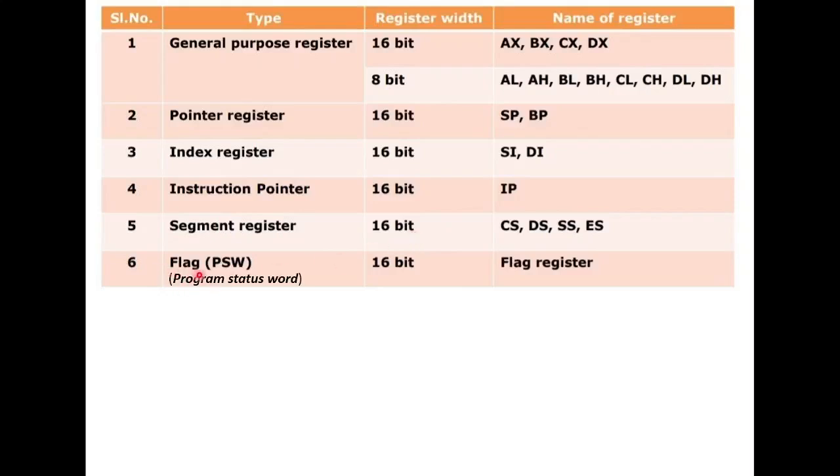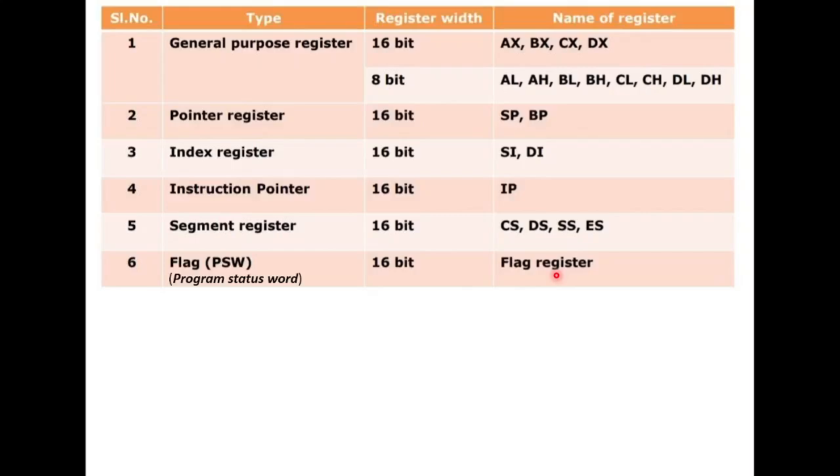Last and final is the flag register. Flag register means program status word, PSW. In the flag register, what do we have? Carry flag, auxiliary flag, sign flag, zero flag, parity flag. These flags are status flags.